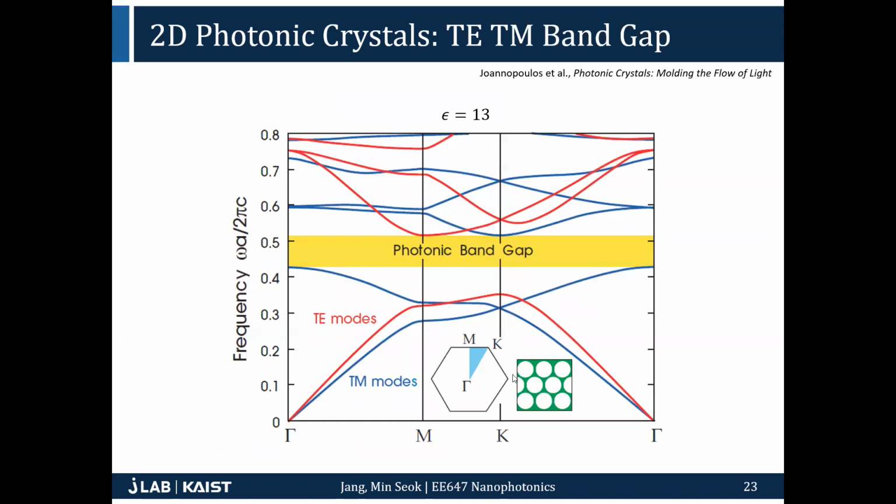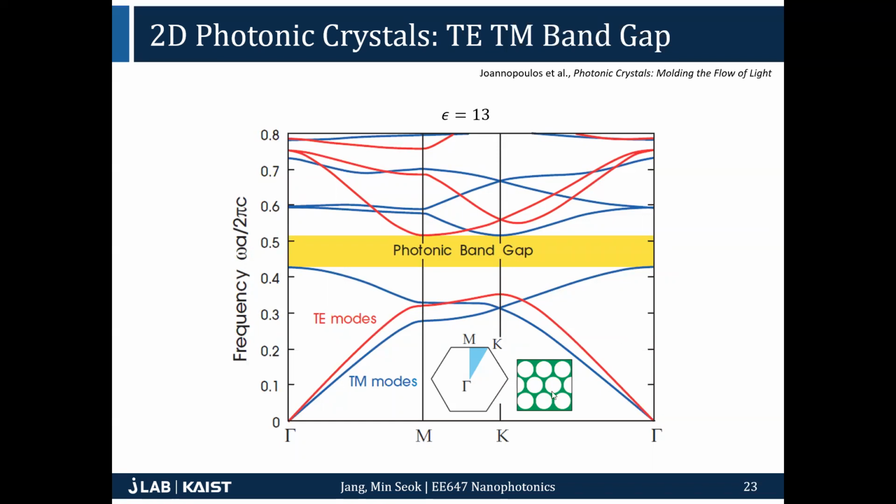So this structure, basically an inverse cylinder structure, with high index medium here and low index free space cylindrical shapes in this part, has a full photonic band gap, regardless of the polarization.